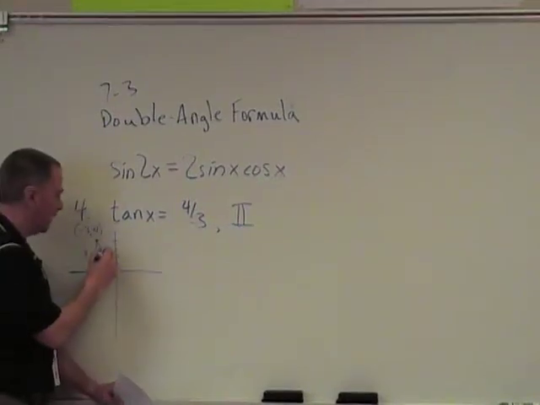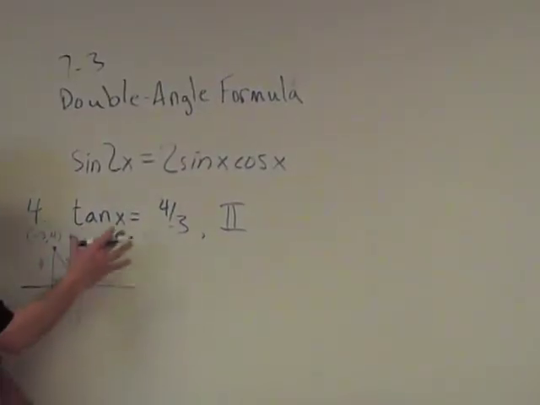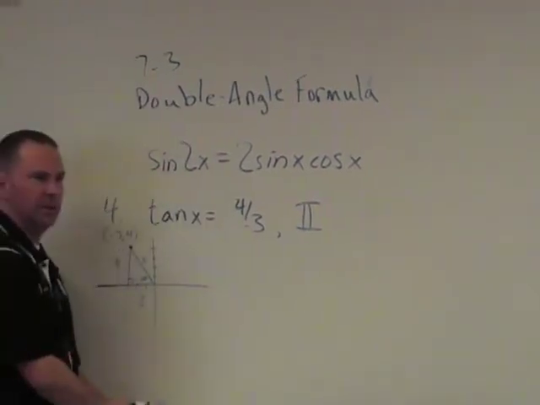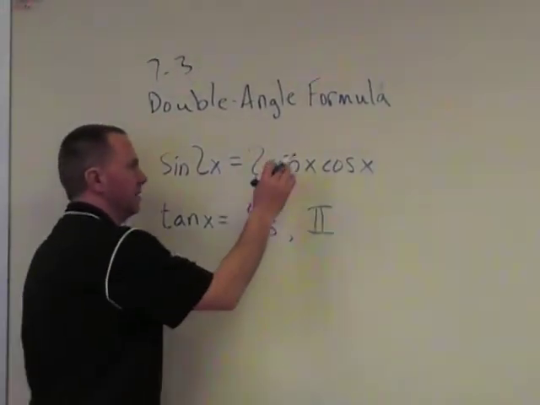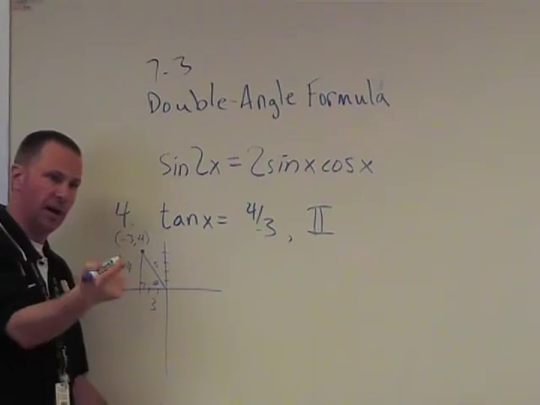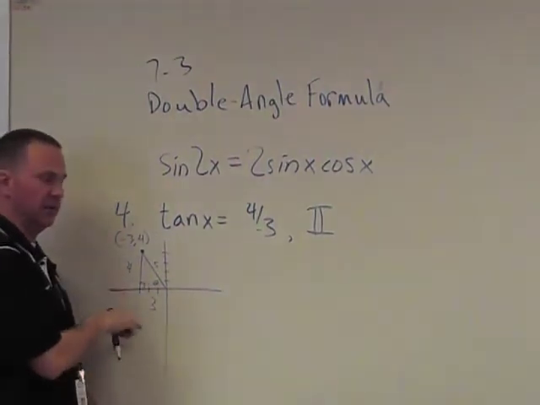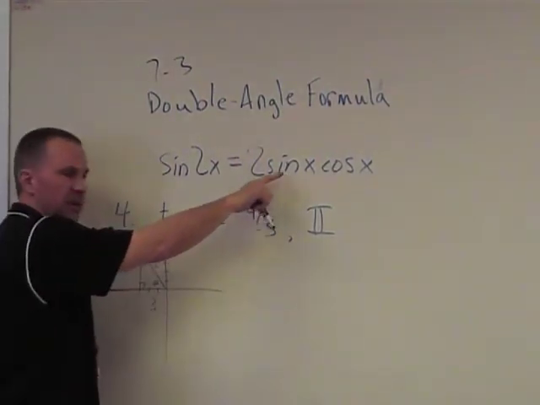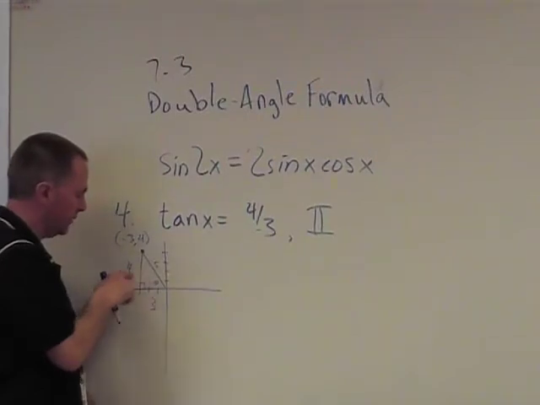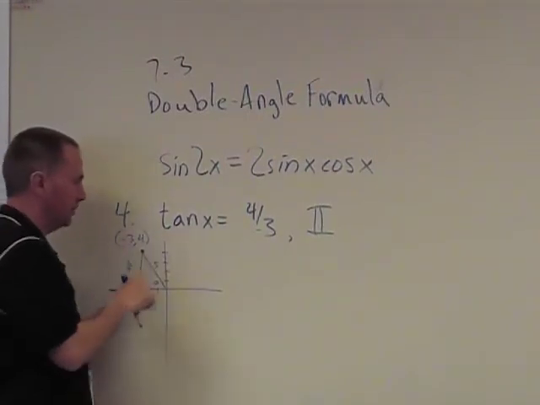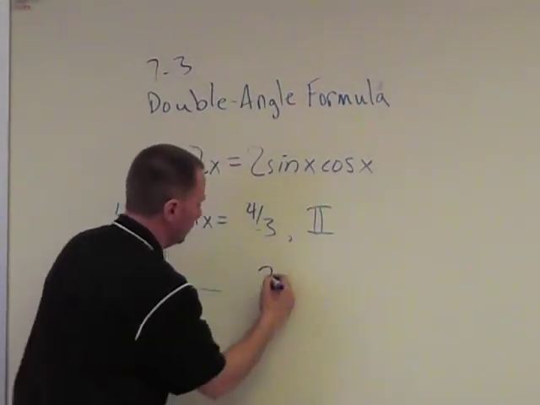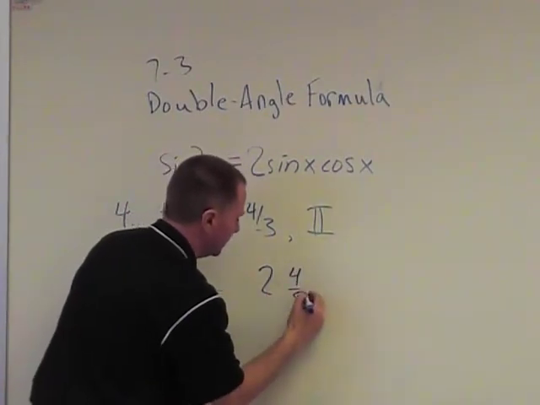5. Having said that, all I have to do now is, what is the double angle formula? Well, that's twice the sine of x and the cosine of x. You now know what the sine of theta is. The sine is opposite over hypotenuse. The opposite is 4 over the hypotenuse. So that's going to be 2 times 4/5.